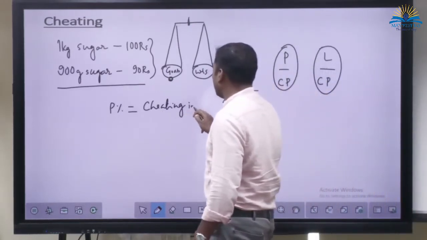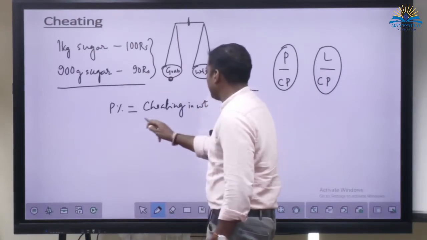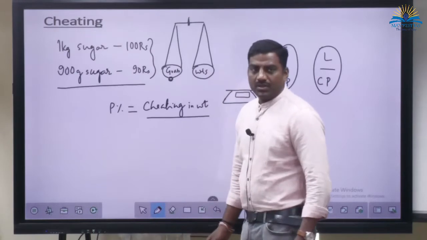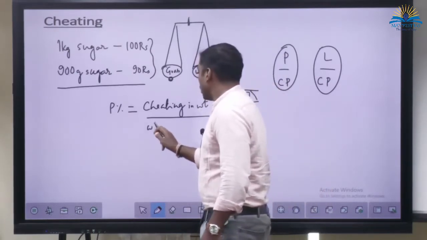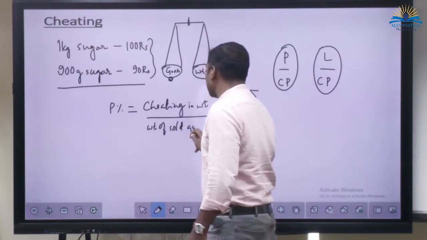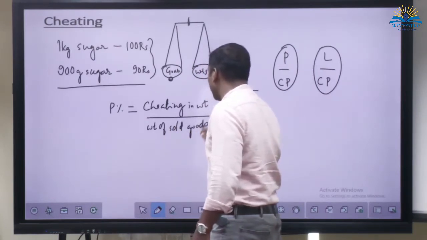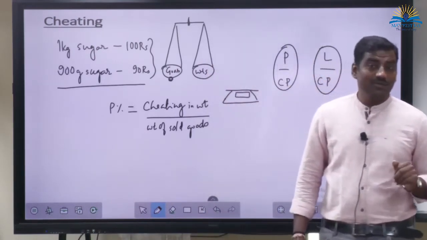Cheating in weight or in measurement, or I'll simply write weight. Then the weight of sold goods. How much goods have been sold? Actually, 900 grams have been sold, no?